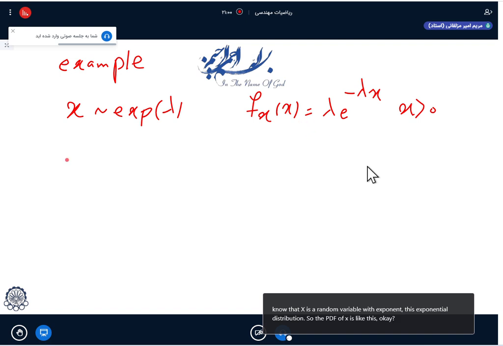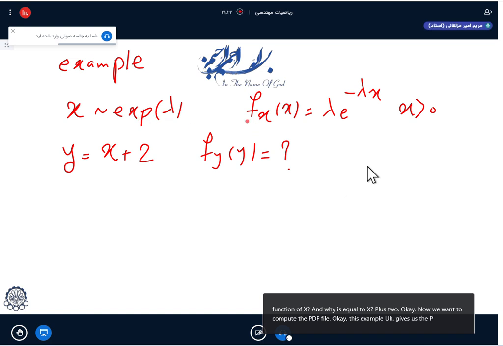Now, we know that y is a function of x and y is equal to x plus 2. Now, we want to compute the PDF of y. This example gives us the PDF of random variable x and wants to compute the PDF of random variable y that is equal to x plus 2.